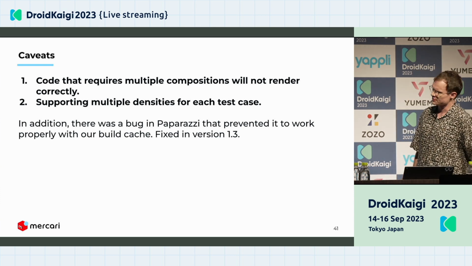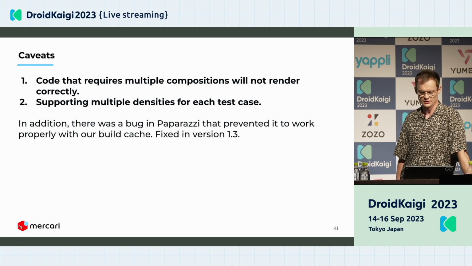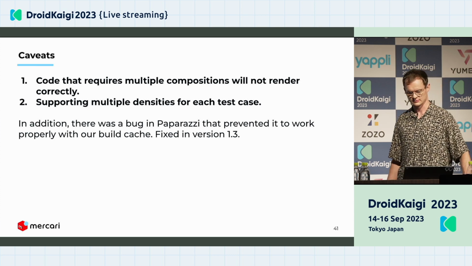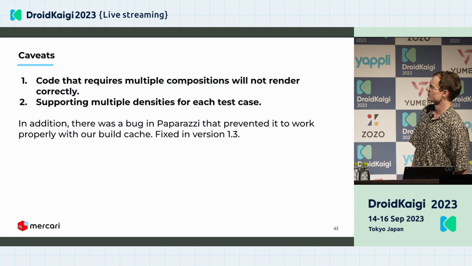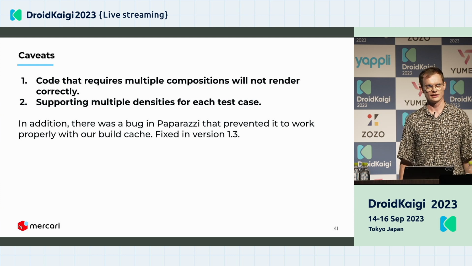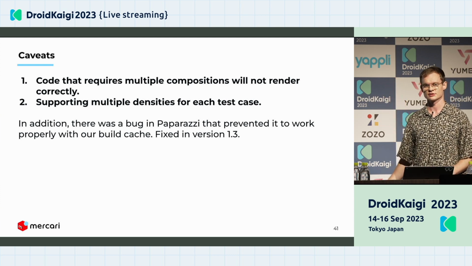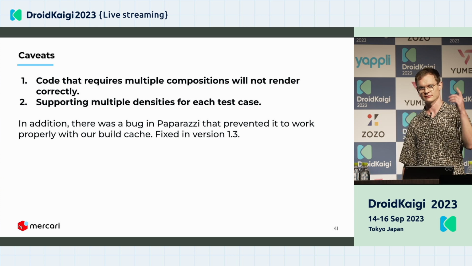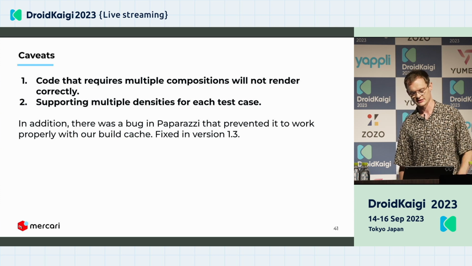The third problem we faced was that Paparazzi didn't work well with our remote build cache, or with our build cache in general. Essentially, there was a bug in the framework that led to the chance that if you run the record Paparazzi debug task, no screenshots would actually be generated because it took some run from the cache that didn't include some flag that generates the screenshots.